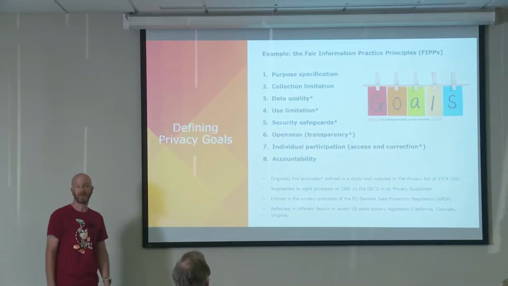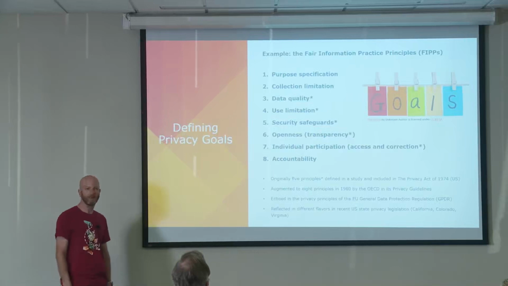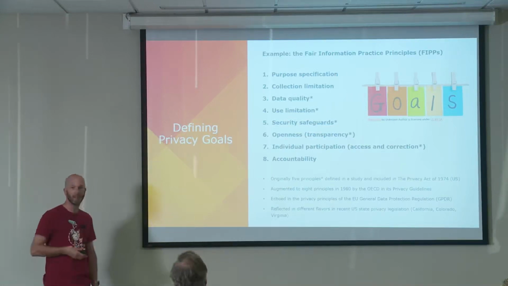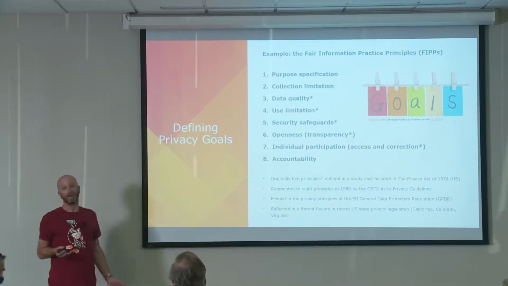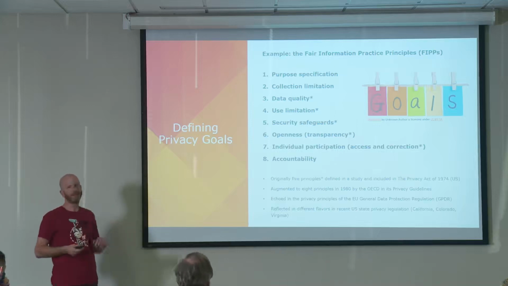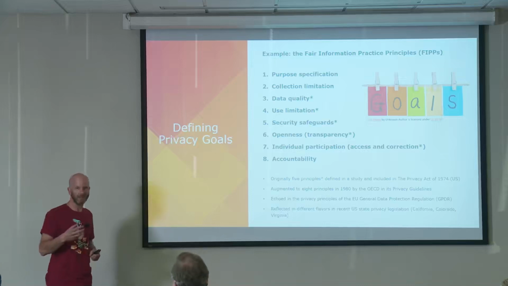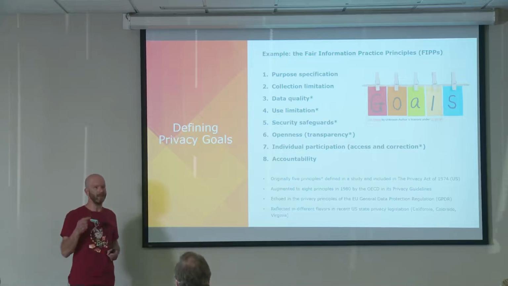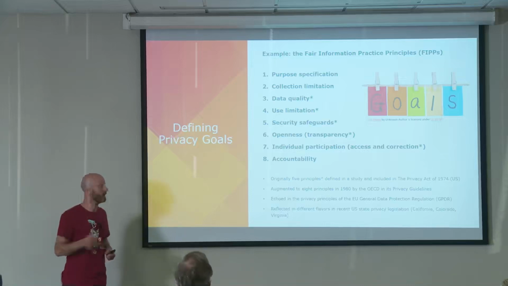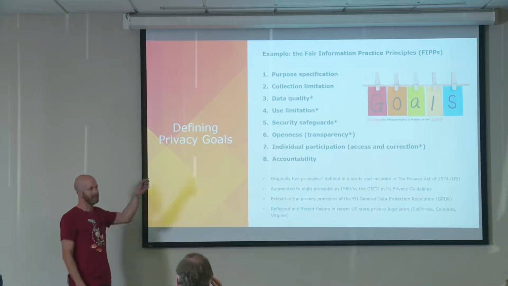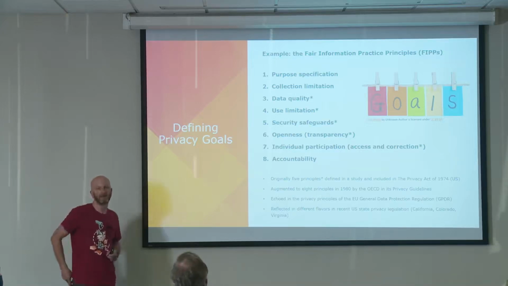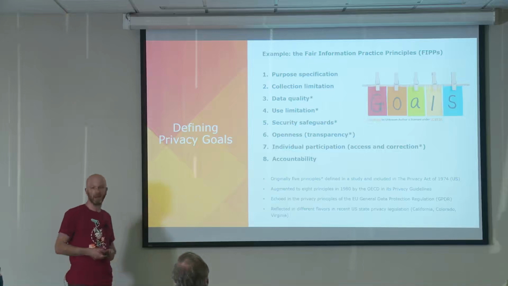And those we find reflected in laws and codes all over the world. So what are they? They are purpose specification. If you process somebody's personal data, you need to be specific about which purpose you're doing this for. And then you need to limit the collection of your data to that purpose.